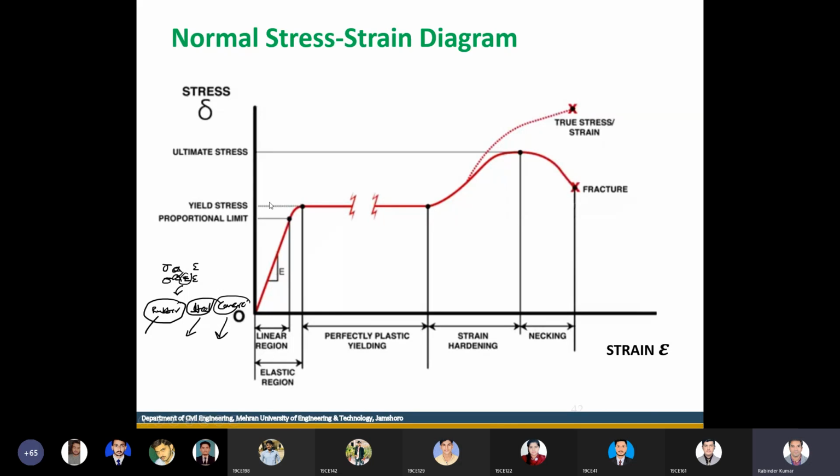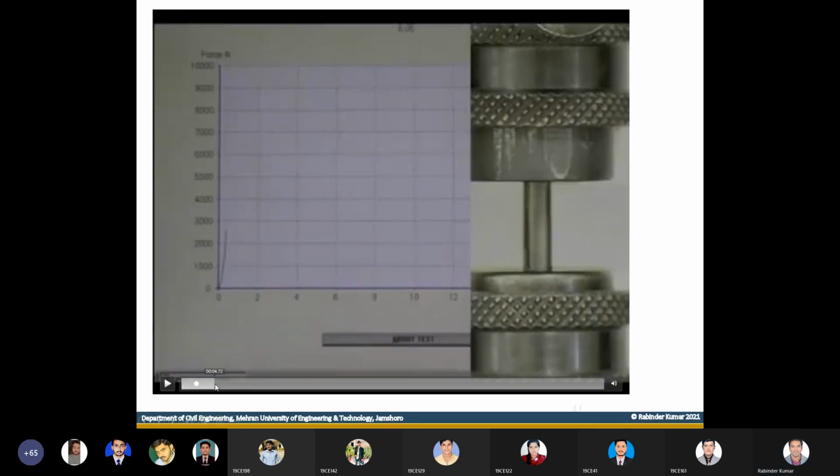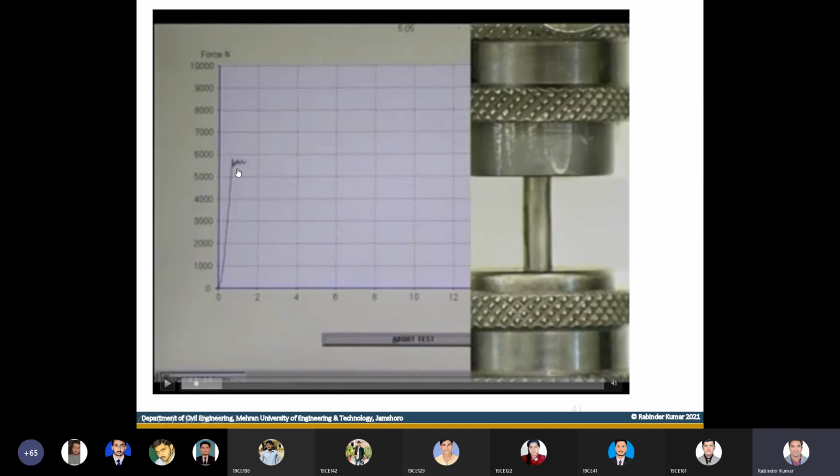After this point, after yield stress, your material starts yielding, and that region is known as the plastic region. Now look at this test. The material starts yielding, so now the material is in the plastic region.